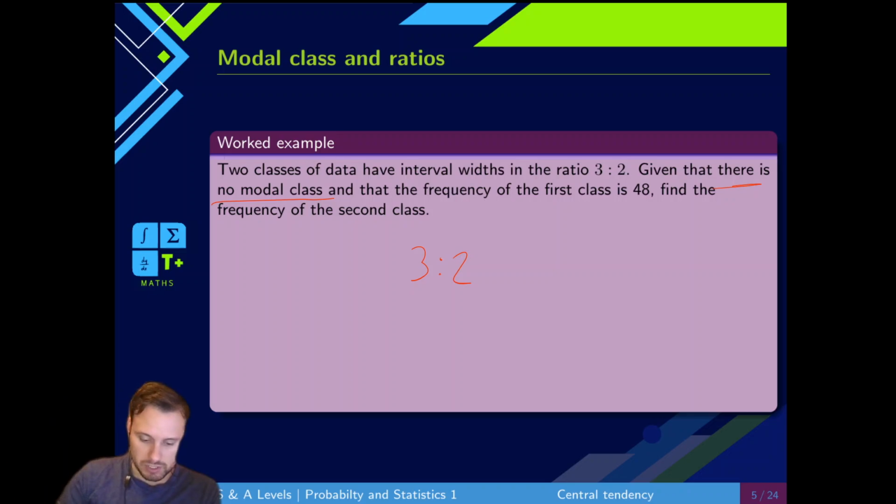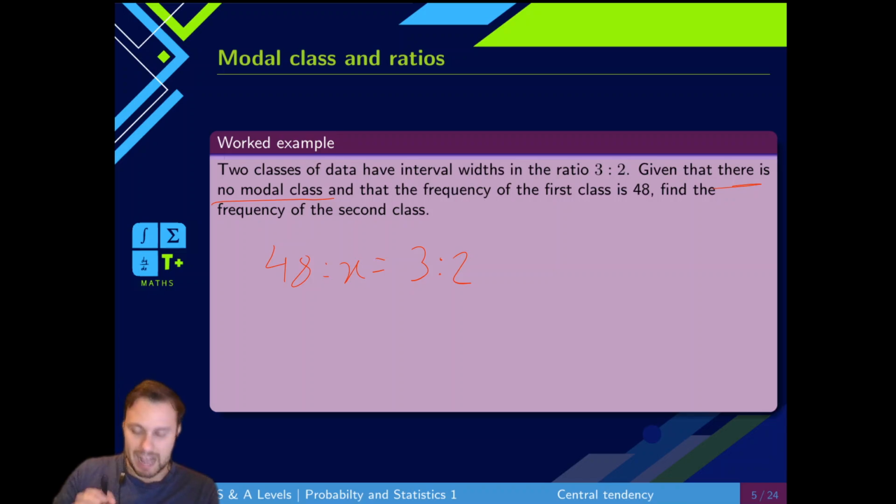So here we have the ratio of the amplitudes. As there is no modal class, these ratios are going to be the same, equal to 48 and x. Here we are assuming that the first class is the one with the 3, and so on. It's an assumption that is understandable from the task.